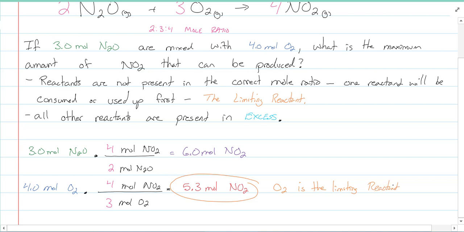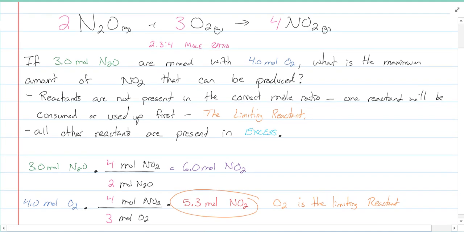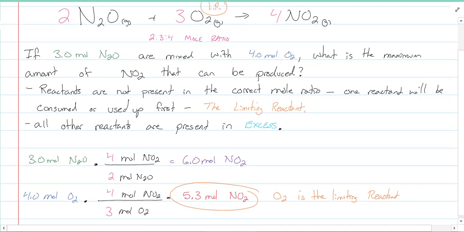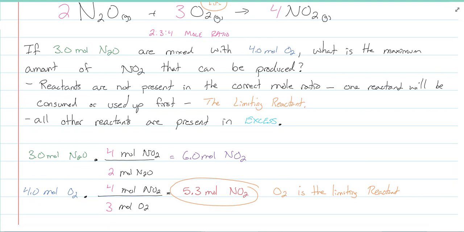A lot of times I will come up to a reaction and put LR and circle it. This also means that N2O is present in excess.